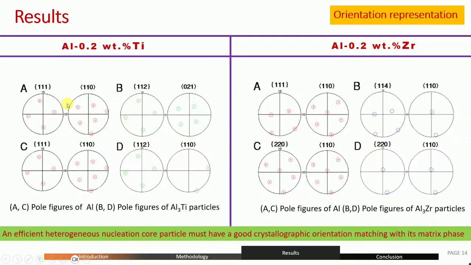So here what they have got, for example, is a pole figure of both aluminum and Al3Ti, and on the right side we can see the pole diagram of aluminum as a matrix and Al3Zr. Just see my cursor here.